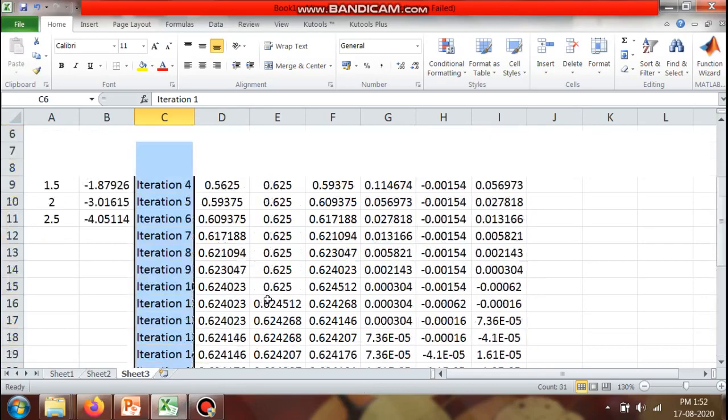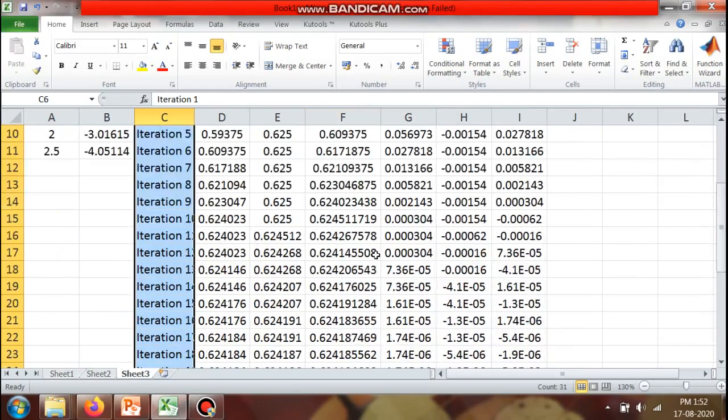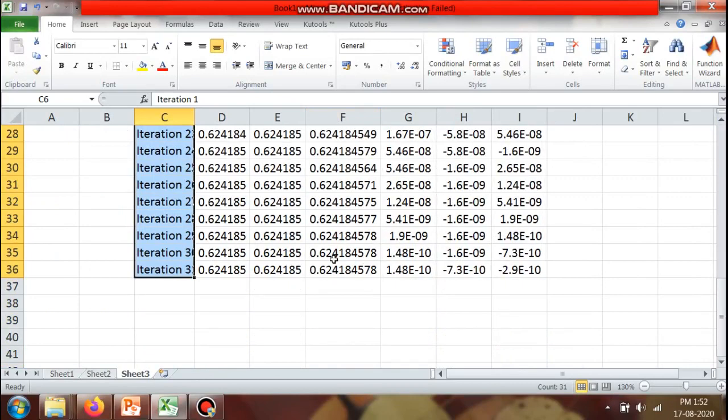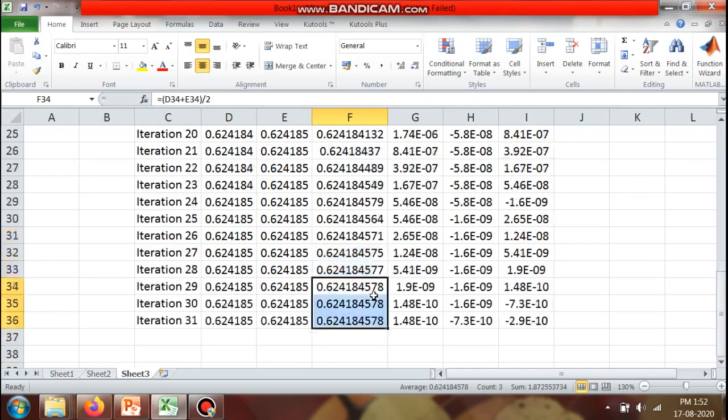So after some iterations you will find that the value of x3 will remain constant. Now if you see here, the value of x3 after near about the 29th iteration is constant. If you see the value of x3 here, automatically it has become constant.